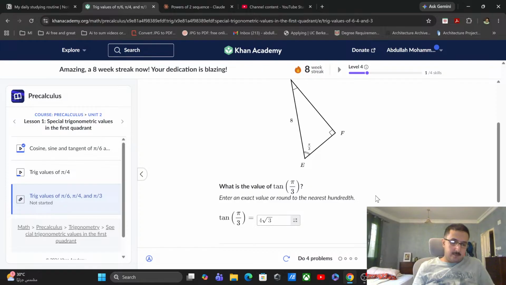Let's find it. 10 over 3. That's the square root of 3 actually. So where did we get the 4 out?